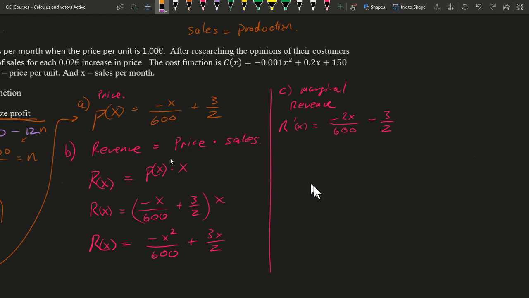Okay? So now economists, I guess, would say, hey, I want to know the rate of change of my revenue as my sales change. Because it's kind of an interesting thing to know, because I want that value to always be positive.